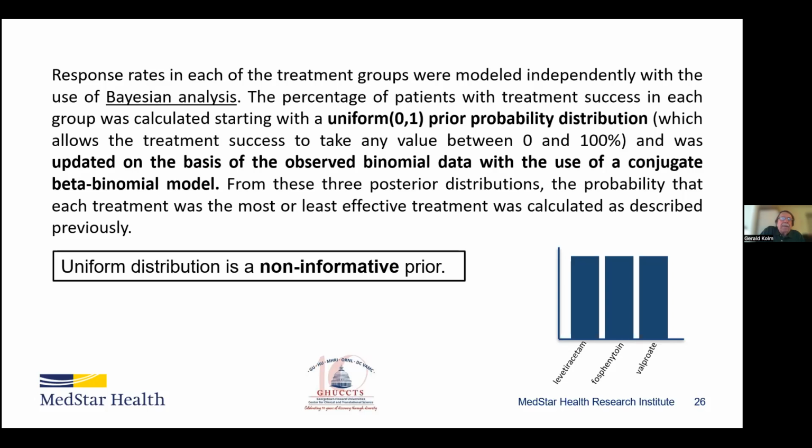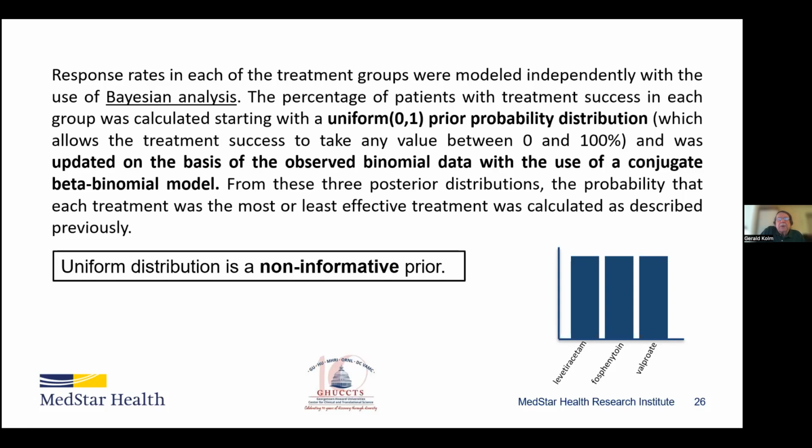And so what they're starting with is what's known as a uniform distribution, which is a distribution between 0 and 1, so it can take on any value between 0 and 1.